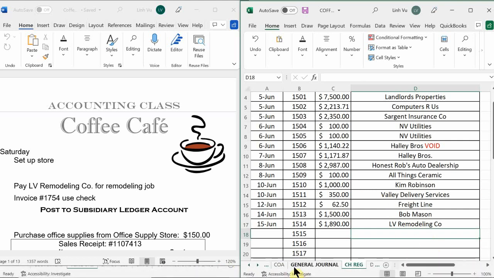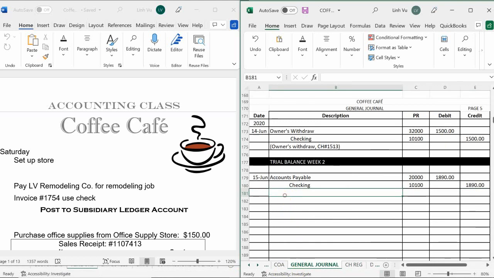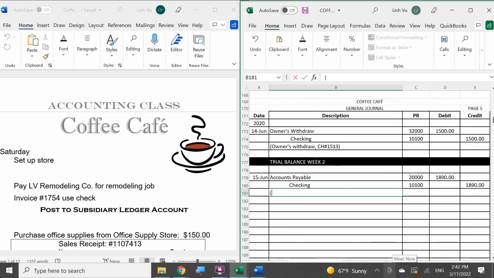So what should my description say? How do I describe this transaction that just occurred? You paid LV Remodeling Company.